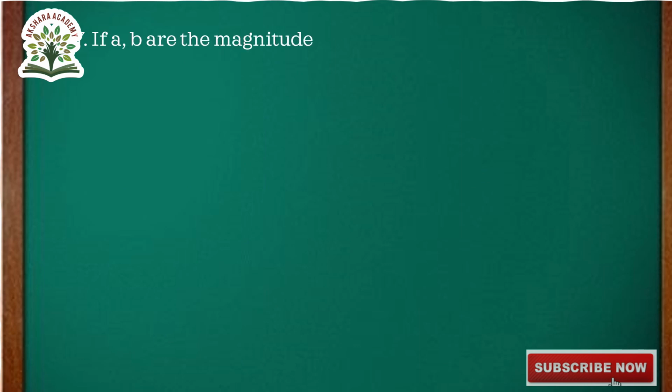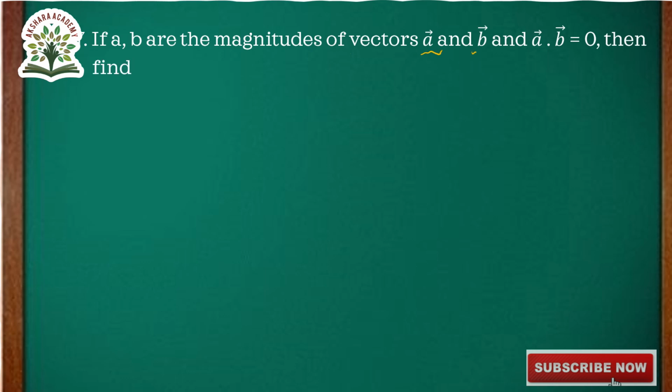If a, b are the magnitudes of vectors a bar and b bar and a bar dot b bar is equal to 0, then find the value of modulus of a bar cross b bar. So let us go to the solution. Here you have to find the value of modulus of a bar cross b bar.